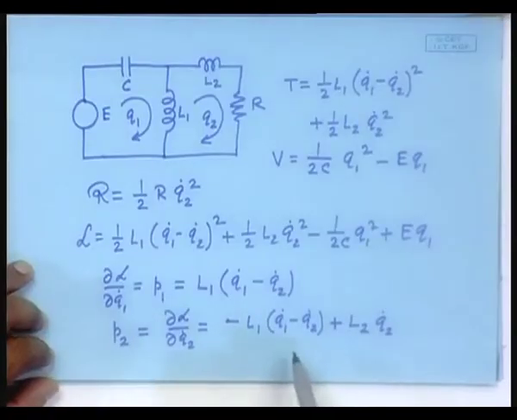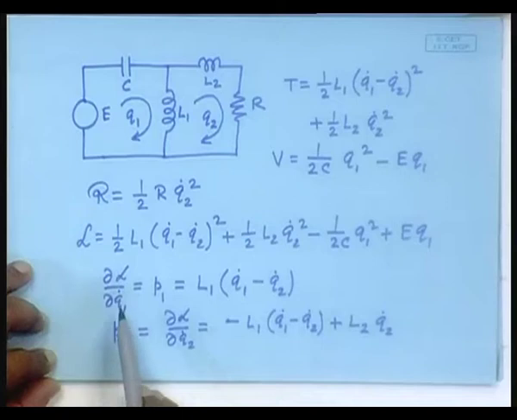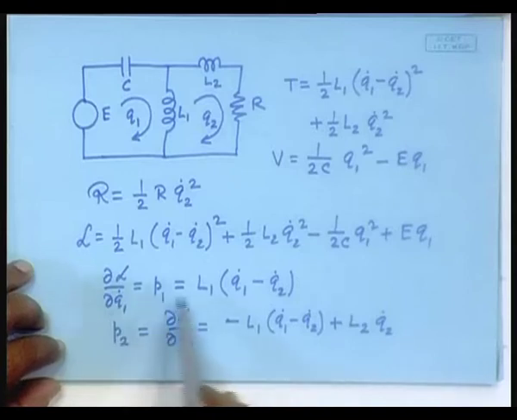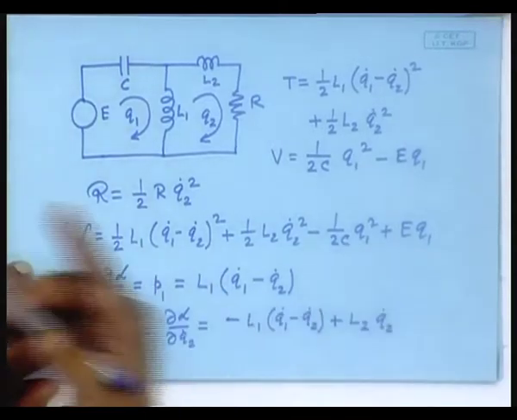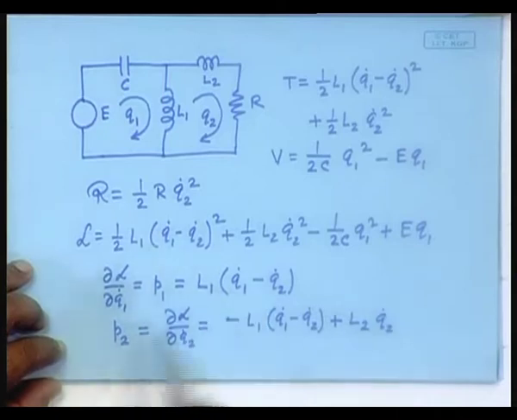Now, notice what we have done on this sheet. Here we are writing that the derivative of the Lagrangian with respect to q 1 dot is p 1, which is nothing but this, you have already definitely done it. Similarly, p 2 is the derivative of the Lagrangian with respect to q 2 dot, which is this.